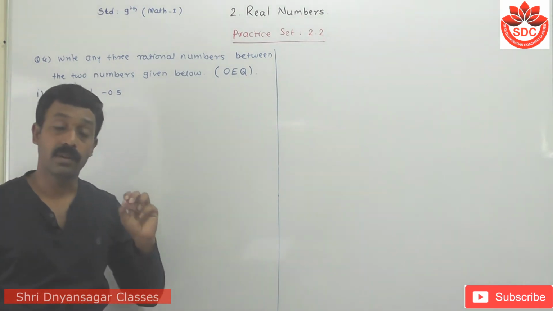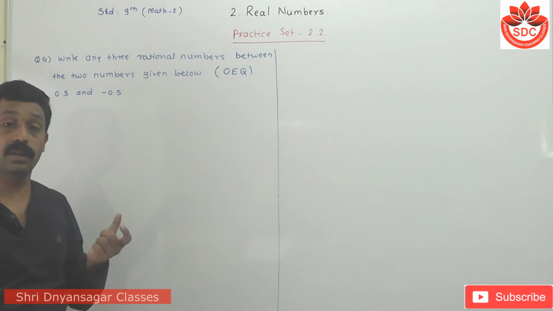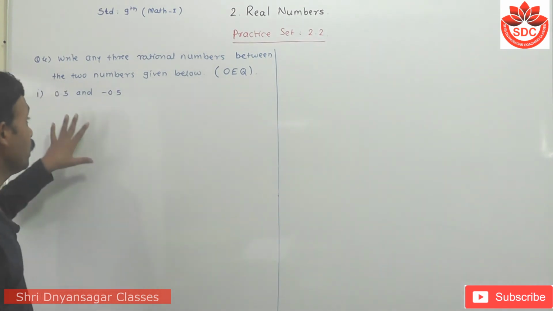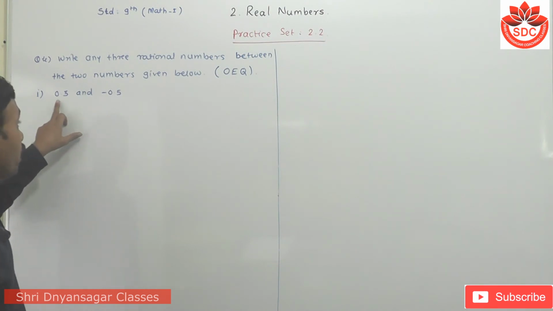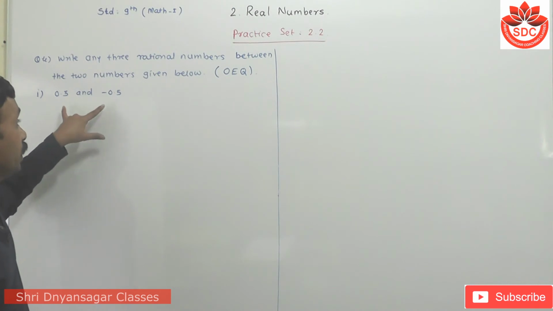All of you know that to find the number in between any two numbers, we divide by 2. So we have to find the numbers between 0.3 and -0.5, the numbers between these two numbers.